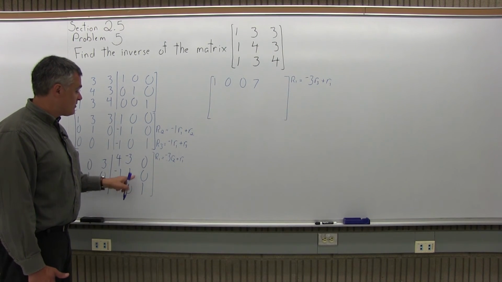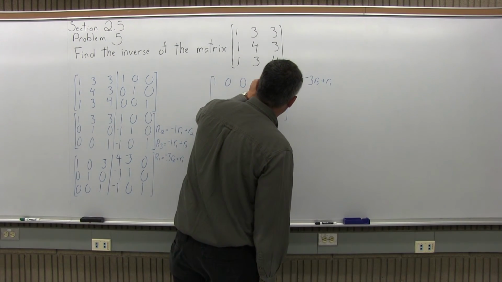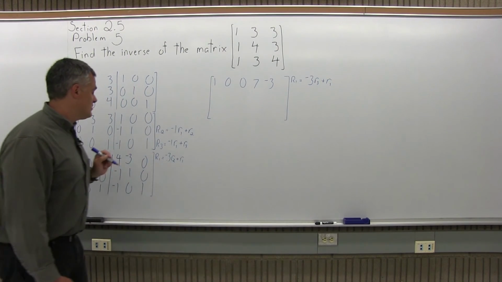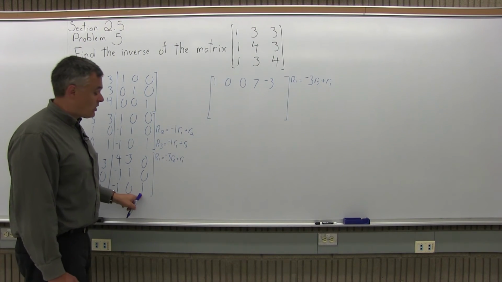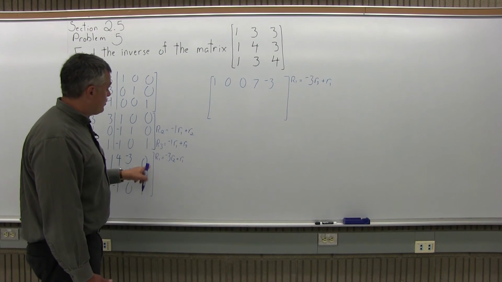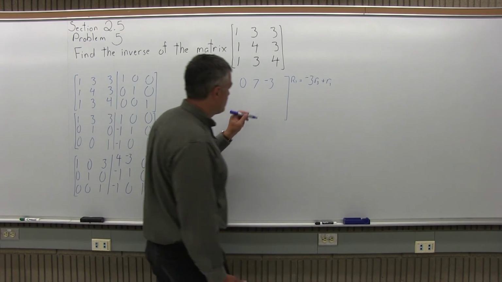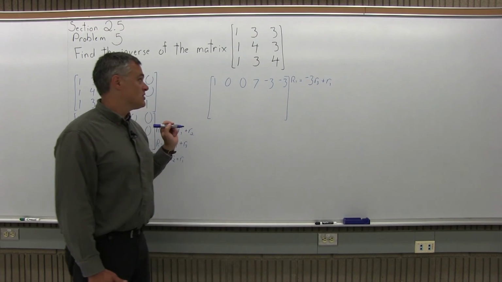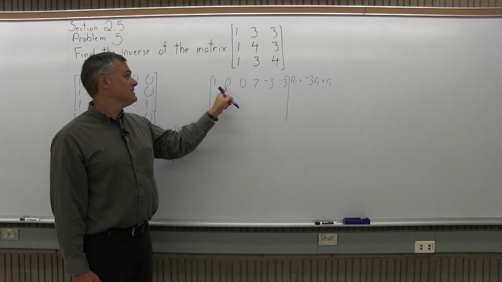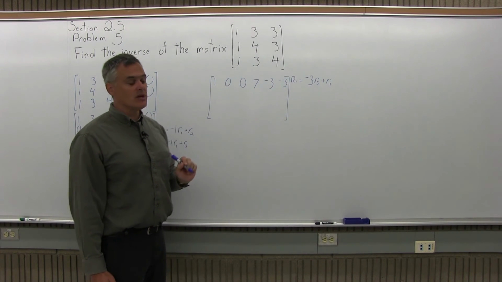So I'm going to do 0 plus negative 3 is negative 3. And finally, one last position for my new top row. Negative 3 times row 3 is negative 3 times 1. That's negative 3. Plus row 1. So I'm going to do negative 3 plus 0 is negative 3. And that finishes the top row. So the top row of my new matrix is 1, 0, 0, 7, negative 3, negative 3.